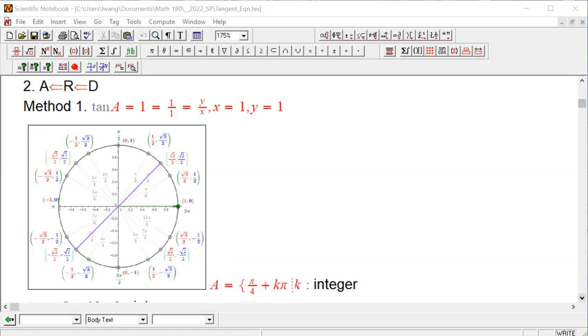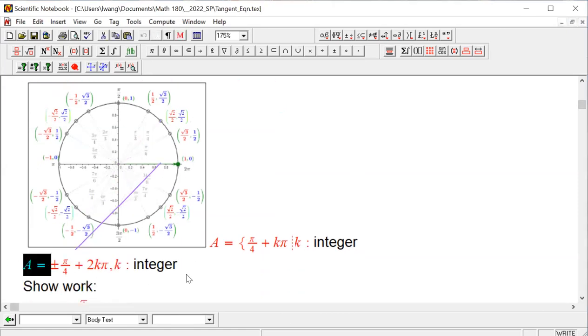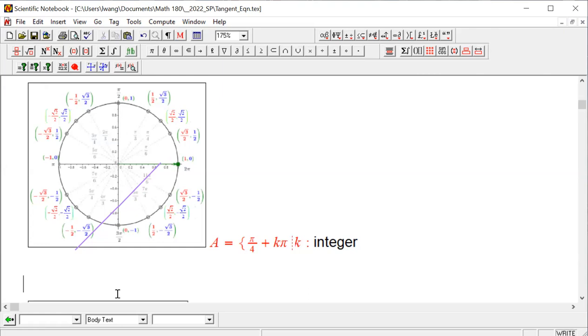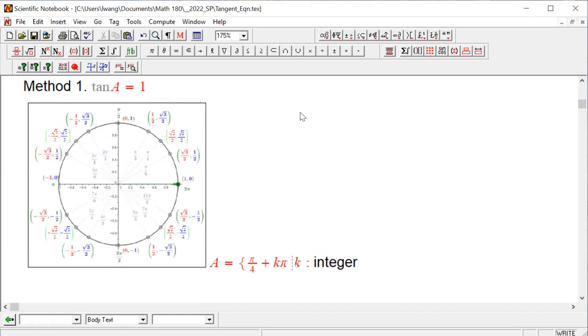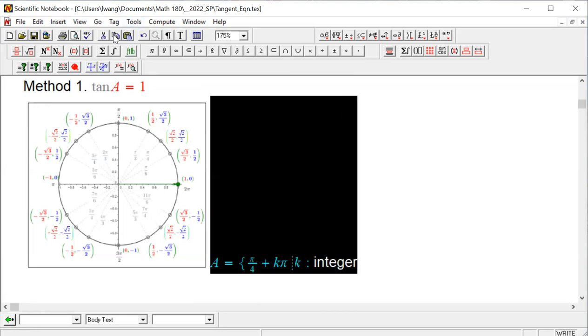If we use the definition, in terms of showing work, it's pretty straightforward, really. If you show work, you will remove all of that, and then that's your answer.